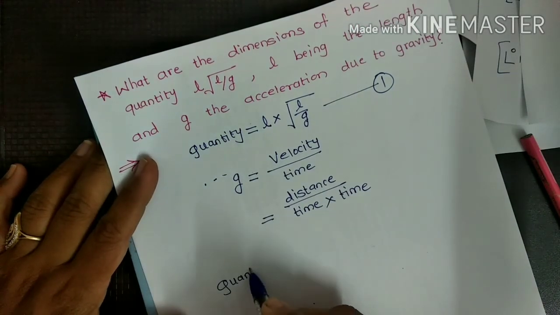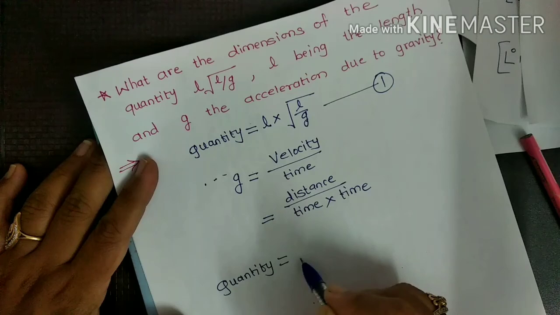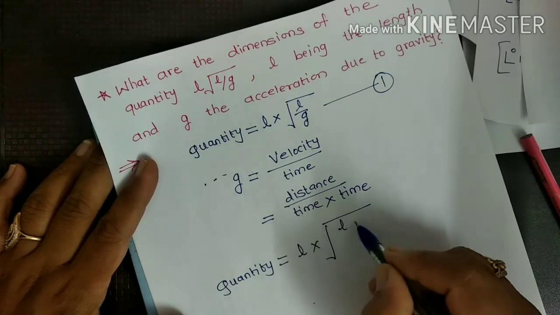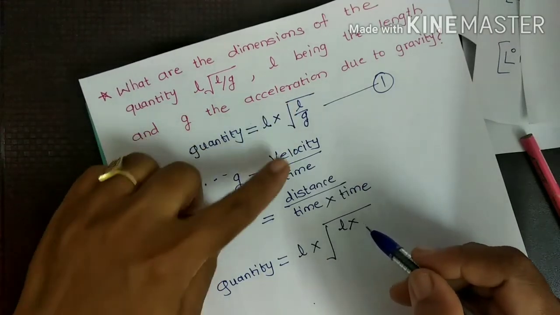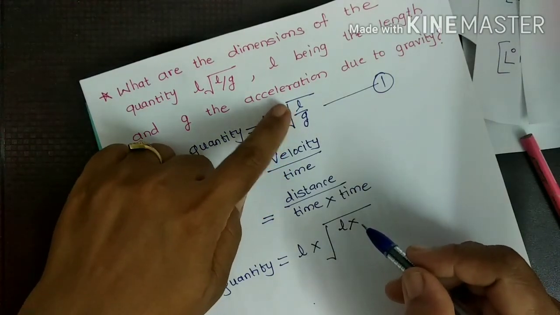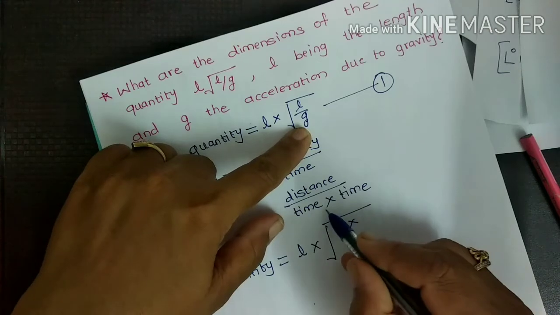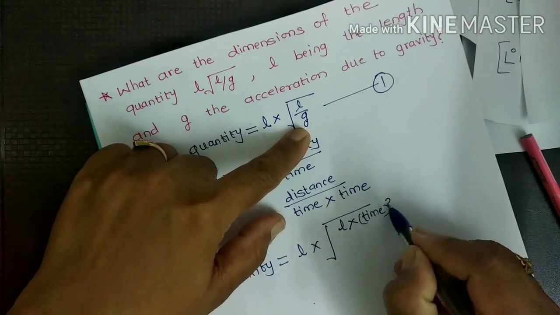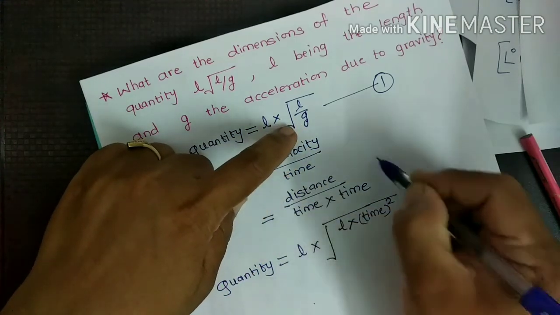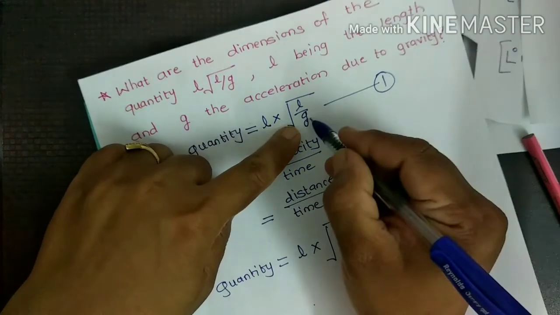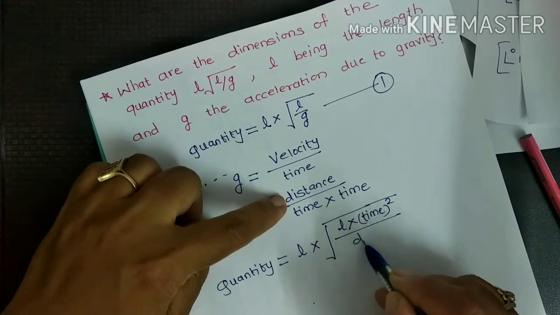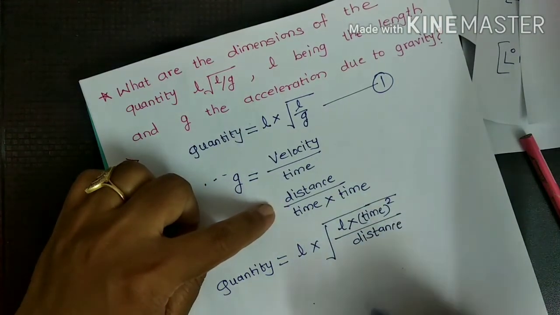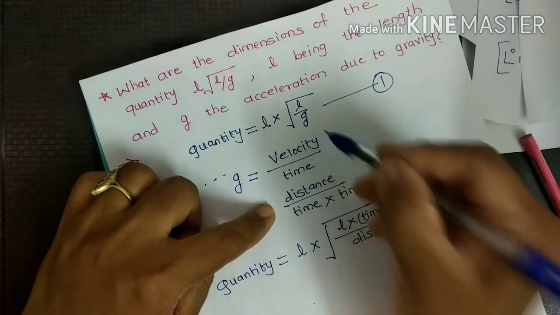Therefore this quantity is equal to L into root of, putting this value of G, time squared, time into time goes to the numerator, because G is in the denominator and distance is in the numerator, so it gets inverted here.